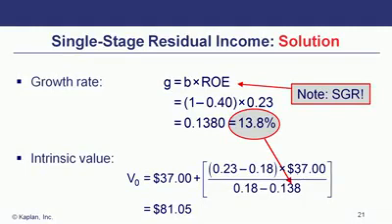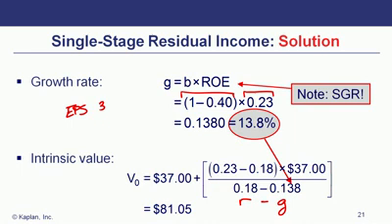So we have the return on equity of 23%. The retention rate is 0.6, given a payout ratio of 40%. And we have a growth rate of 13.8%. What we're doing here is R minus G. This gets us to our G. Now, our EPS was what?